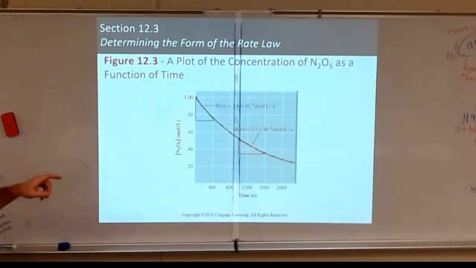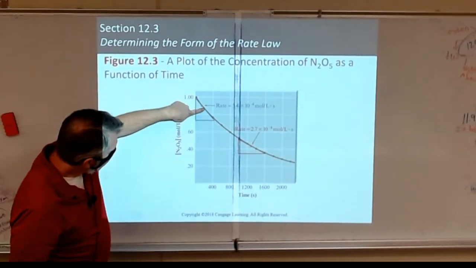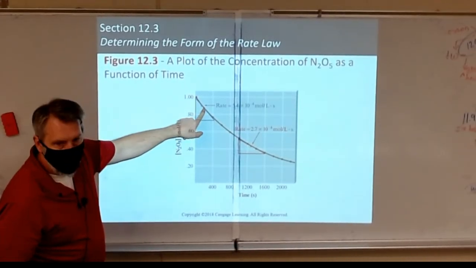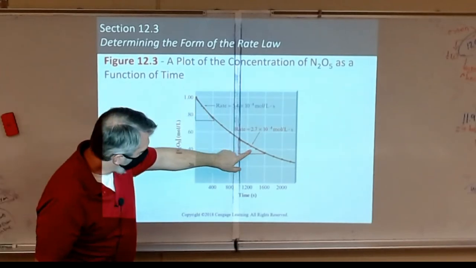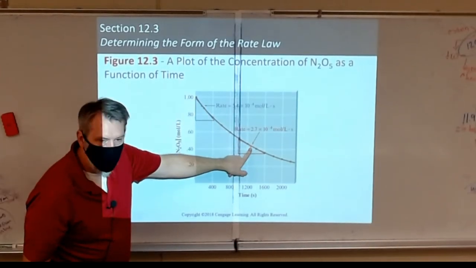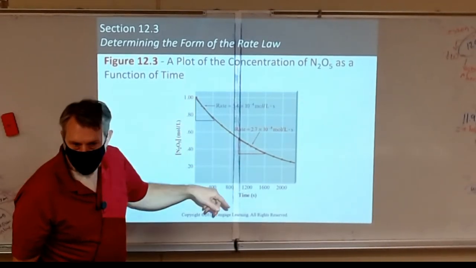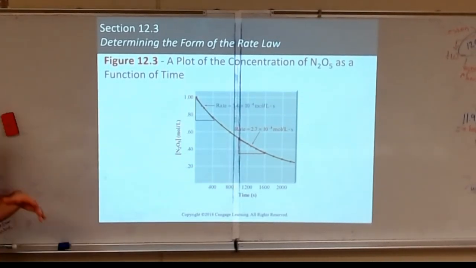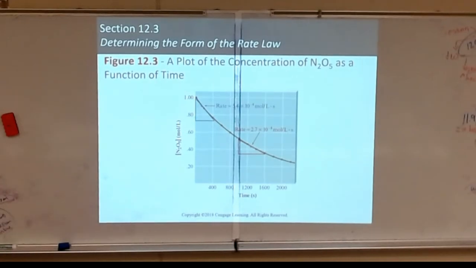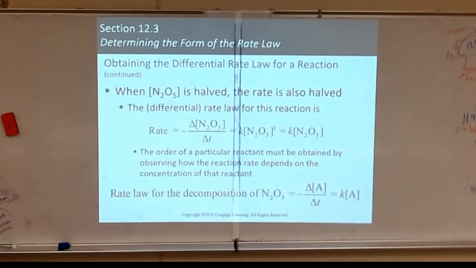What this says is when my concentration is 0.9 versus when my concentration is 0.45, if I halve the concentration, I halve the rate. Half the concentration is half the rate. That's what this says. So this is my differential rate law for this equation.